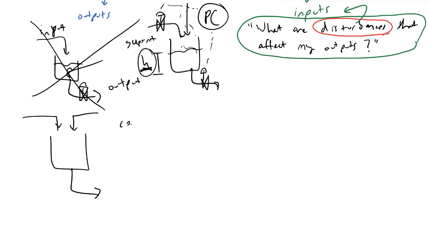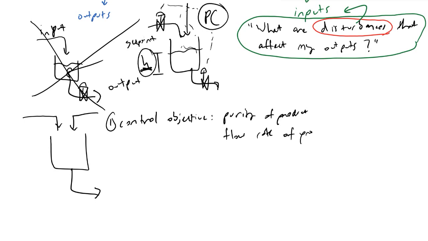So our control objective, which is point 1 here, is to achieve some kind of purity of a product, and also some kind of flow rate of product.